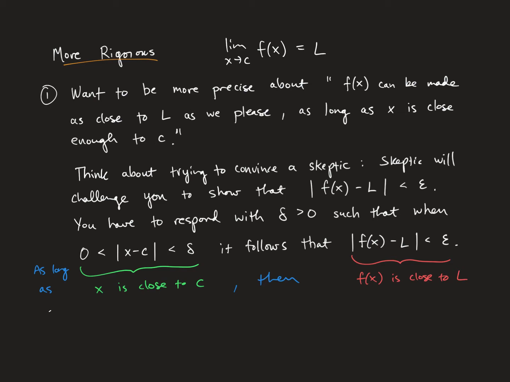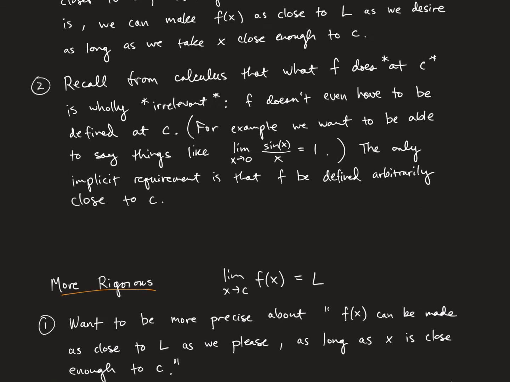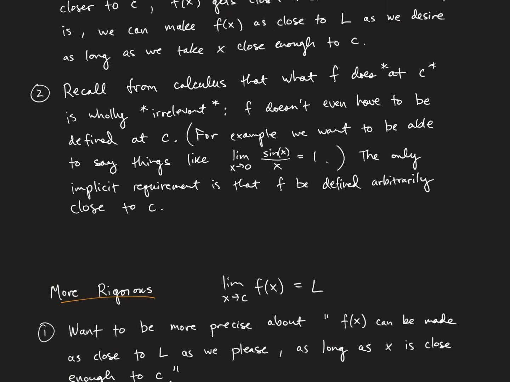The second point here is also going to come up in the definition. Remember our second point up here, we said that our f doesn't even have to be defined at c, right? So we really don't care about what's going on at c, but what we do implicitly require is that f be defined close to c.